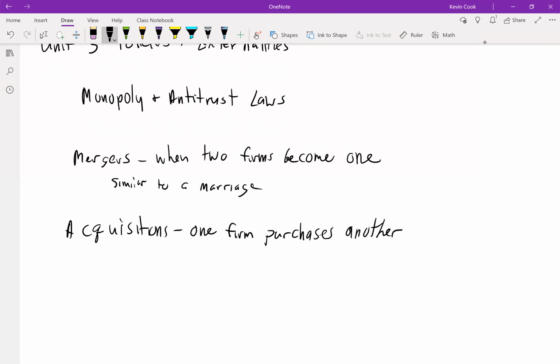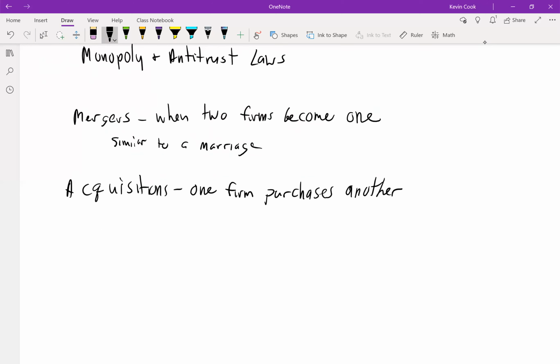So a while ago, American Airlines bought US Airways, and I believe it was an acquisition. If you look at the news articles for it, a lot of them will say there's a merger between American and US Airways. Or before that, America West bought US Airways, but then changed their name to US Airways. Again, they purchased this company, but it's often going to be reported as a merger, even if it is an acquisition.